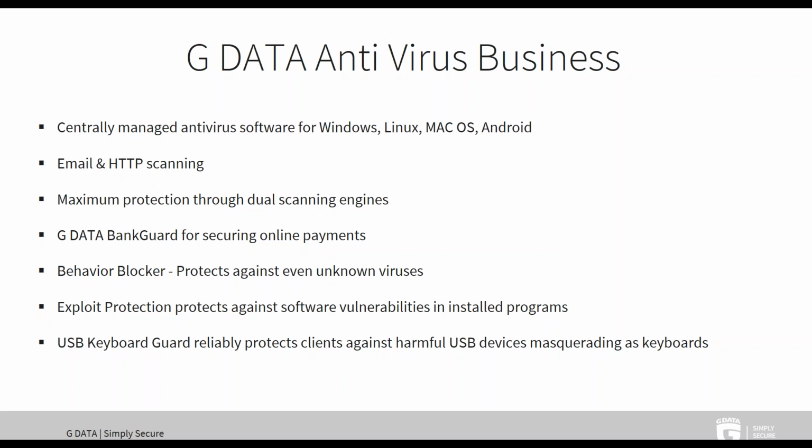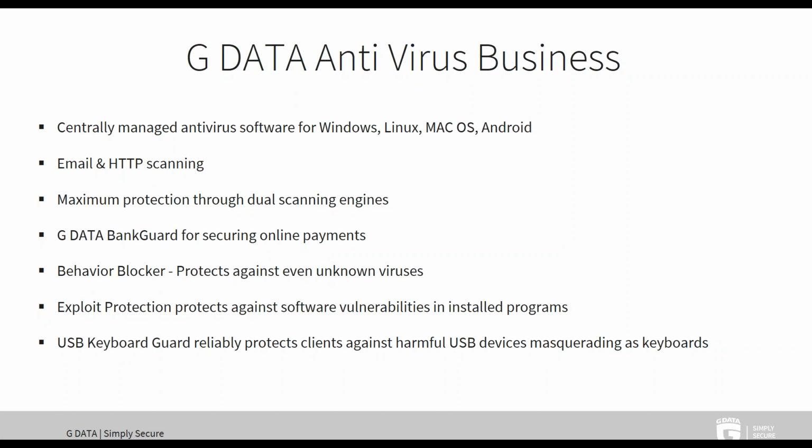Same goes for the exploit protection. If there's anything not quite clear about how this program should run on your computer, or if a program that might be a safe one is behaving suspiciously, the exploit protection will stop the threat in there.